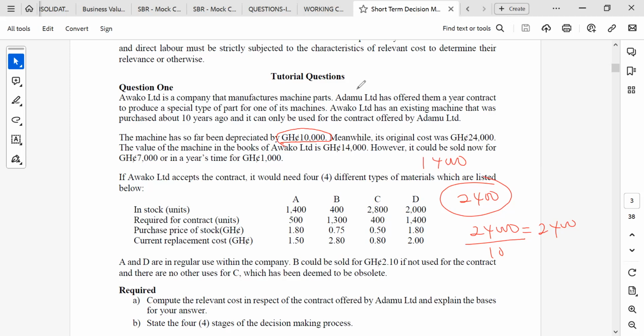So if the machine is charged depreciation of 2,400, it should be zero at this point. Ten years ago from now means the time between the purchase and now was 10 years, so that 2,400 will not be appropriate.